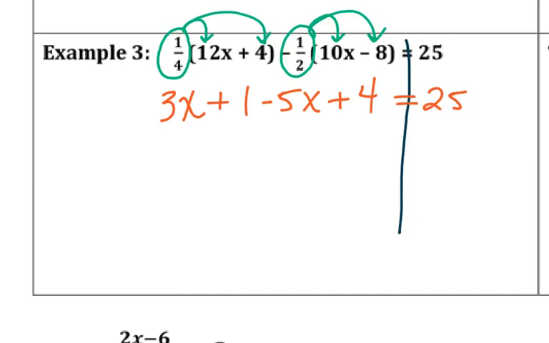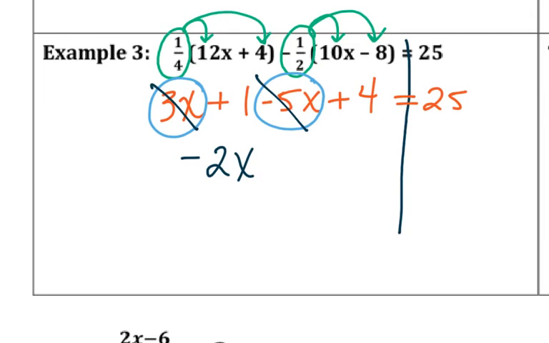So on this side of the border, on the left, we have a lot of things going on here. So we're first going to find our x's, and we're going to combine them. So 3x's minus 5x's is the number negative 2. So that's going to be negative 2x's.